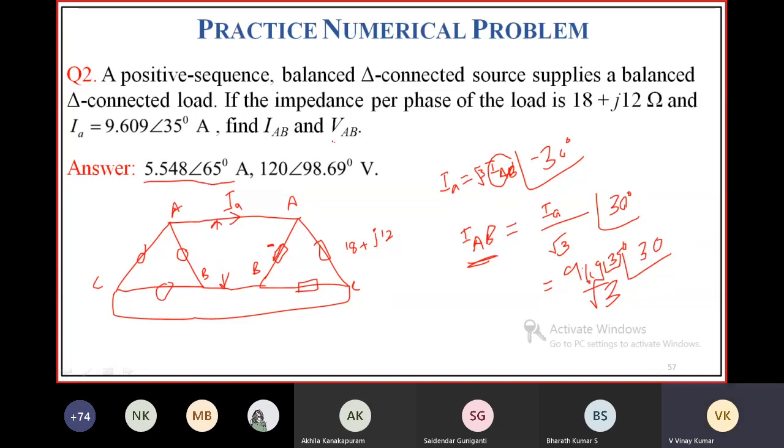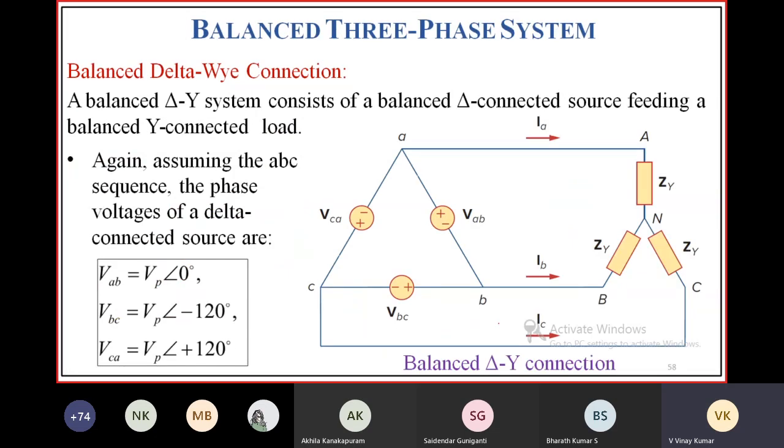Similarly, you can find VAB. VAB is equal to IAB into Z. This is delta phi.